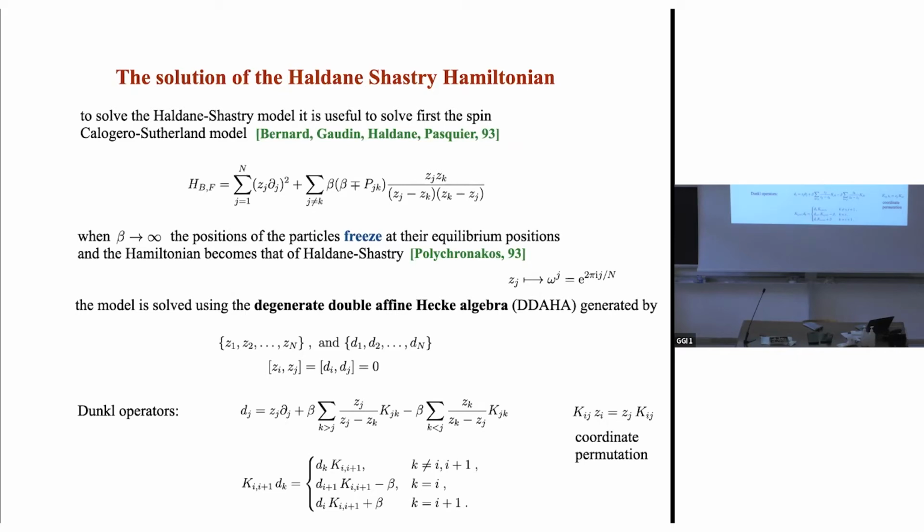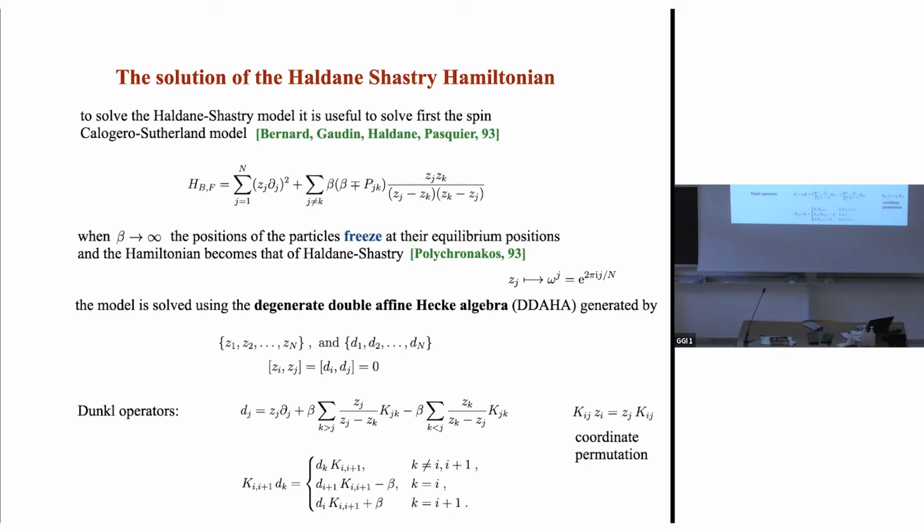So you have this interaction. Now these are coordinates on the unit circle that can vary. They are not anymore roots of unity. The particles have spin which interact with this exchange term here. There is a kinetic term, and there is a continuous parameter beta. Let's take it real and positive.